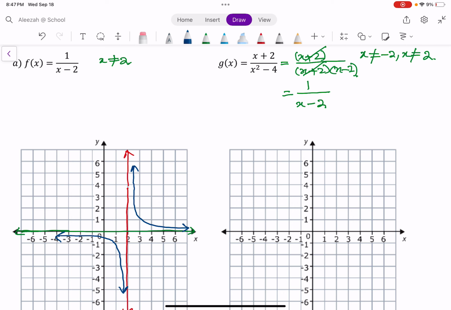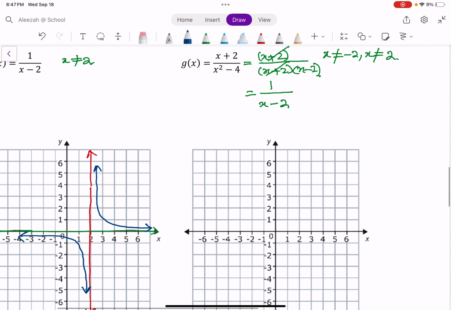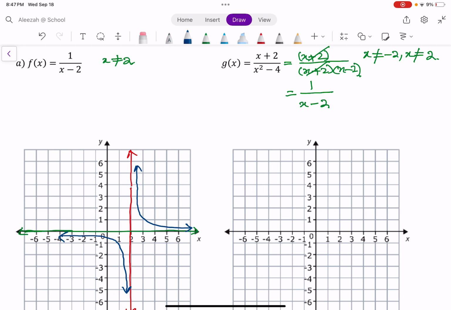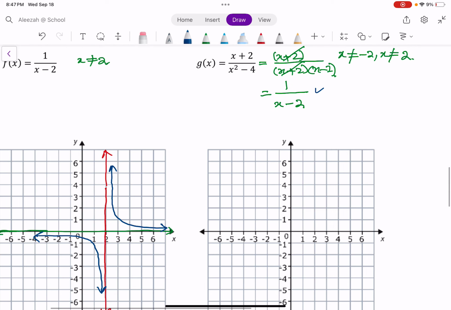Now, for g of x, the final equation for the function is the same as the first one, f of x, but you can see that the restrictions are not the same, right? So x cannot be negative 2 and x cannot be 2, right? But I have a common factor at x equals negative 2.